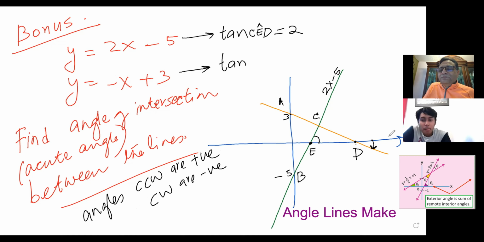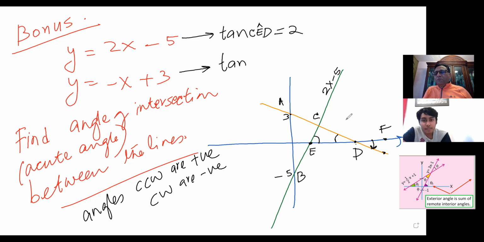This angle. So let me say this point here is F. Is it okay? So we are saying tan of angle FDE, or you could say this angle will be equal to that angle, correct? Both are equal. So in that case, we can say tan of CDE is equal to how much?